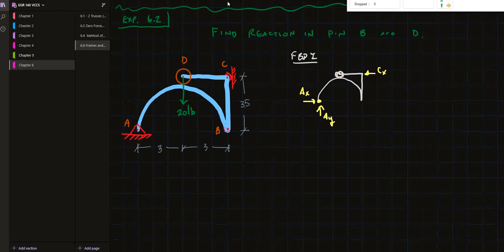I usually draw this with a green line. Let's go ahead and do that. 20-pound load. Okay, that's the whole structure.